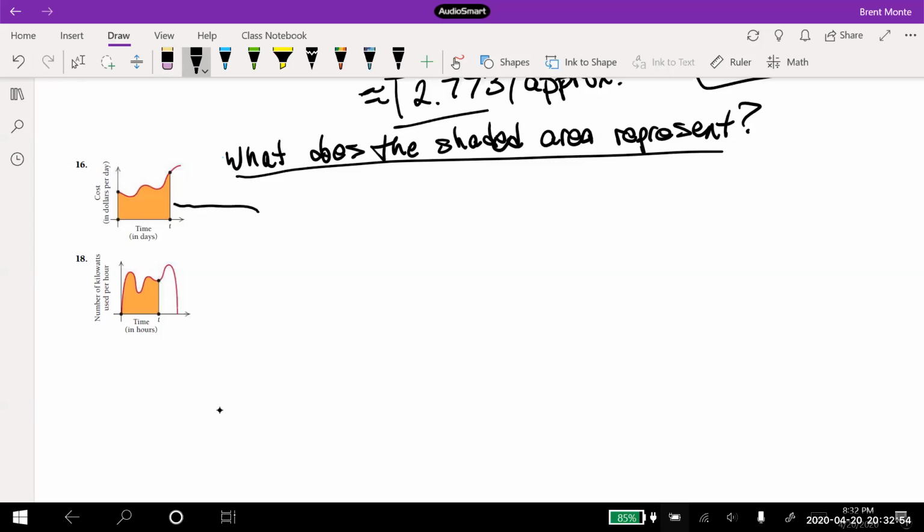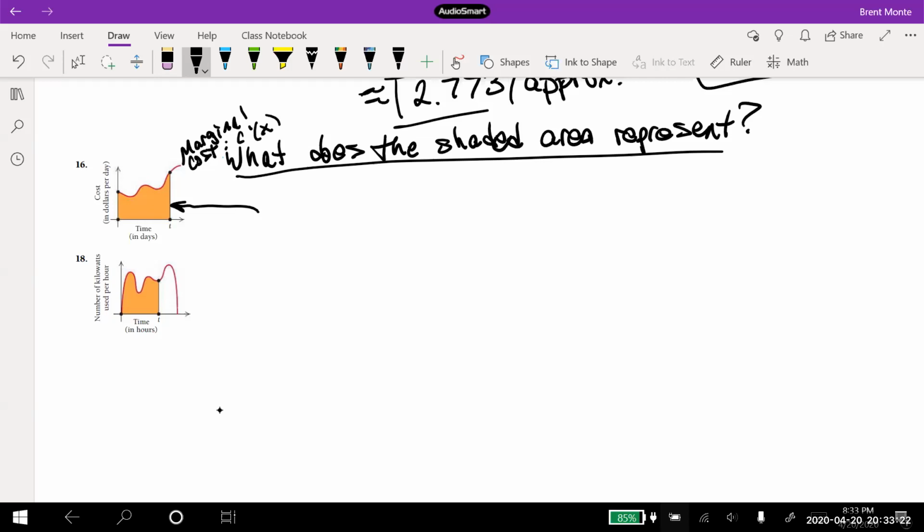This area, now notice the curve says cost in dollars per day. Well, if it's in dollars per day, that's the marginal cost. That's actually C prime of x. It's the marginal cost. And remember, we talked about last time, what's the area under the marginal cost?